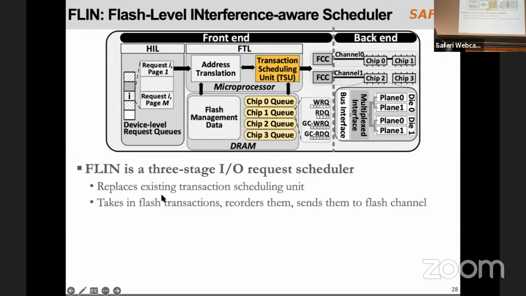It replaces the existing transaction scheduling unit, the part that we already have. There is this transaction scheduling unit in the baseline, but that doesn't really consider any fairness. So we replace TSU with FLIN. It takes in flash transactions, reorders them, and sends them to the flash channel.